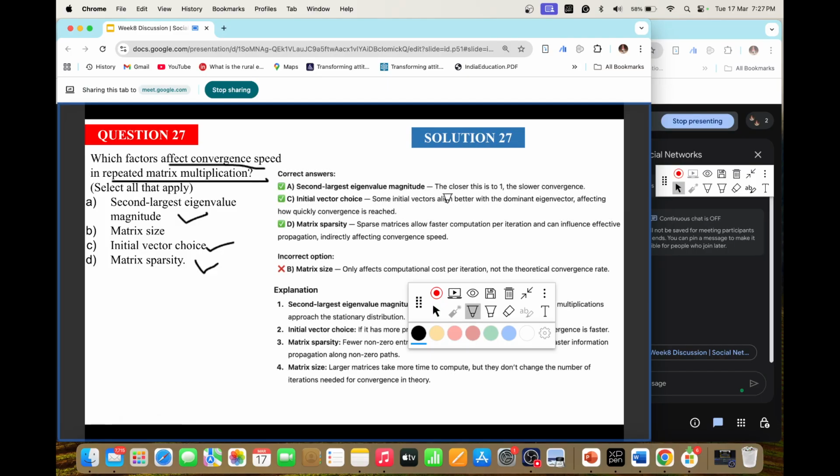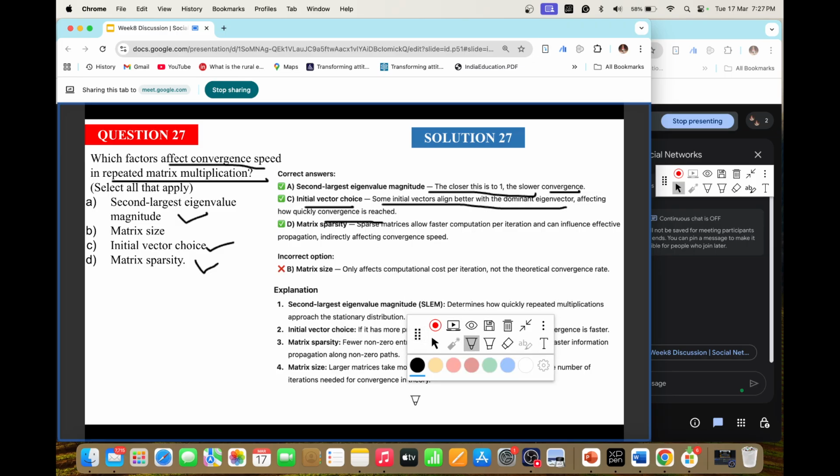The closer the second largest eigenvalue is to 1, the slower the convergence. Initial vector choice: some initial vectors align better with the dominant eigenvector, affecting how quickly convergence is reached. Matrix sparsity: sparse matrices allow faster computation per iteration and can influence the effective propagation, indirectly affecting the convergence speed.